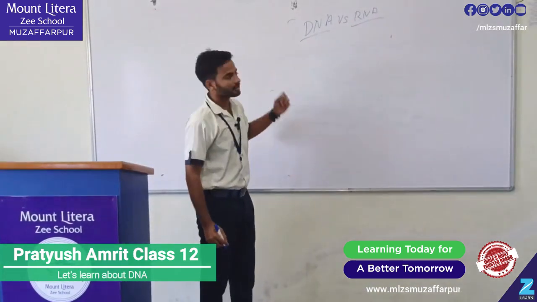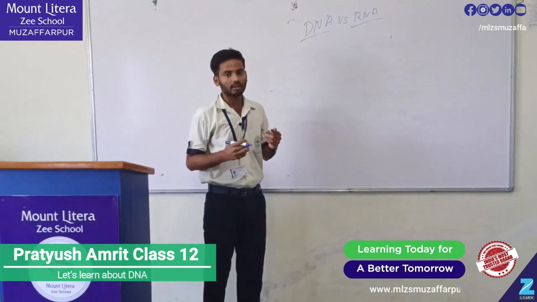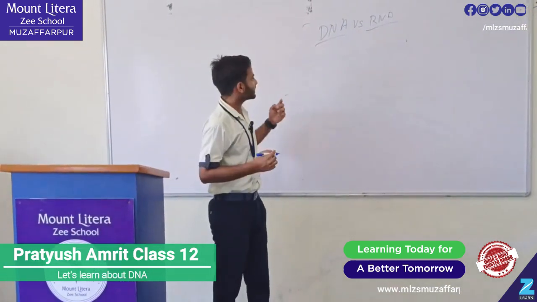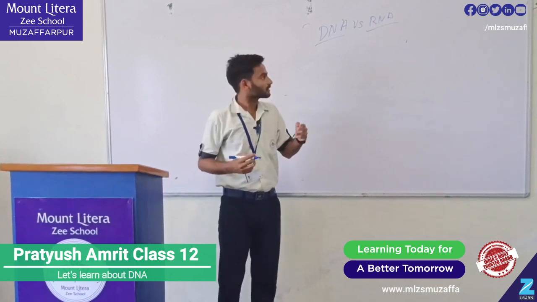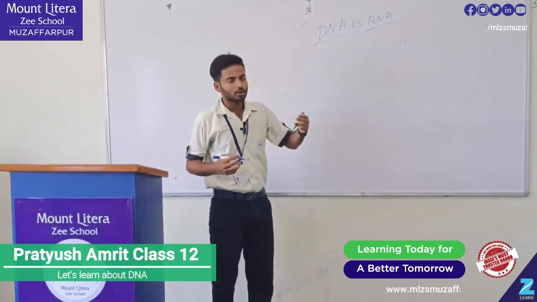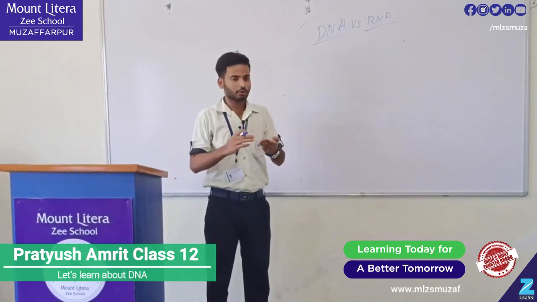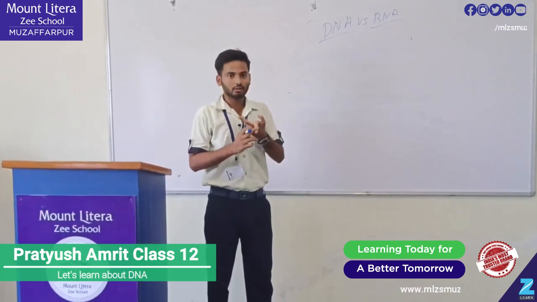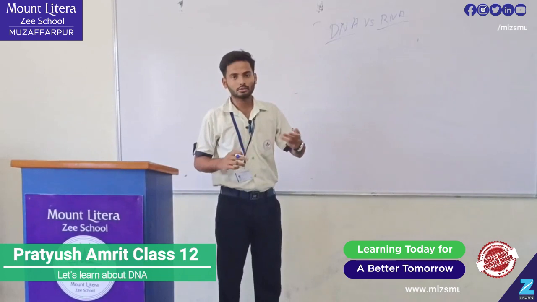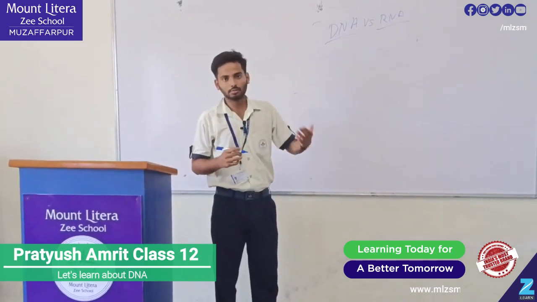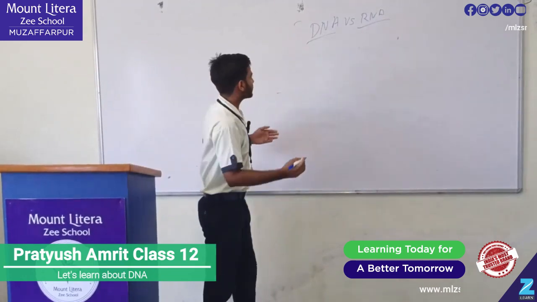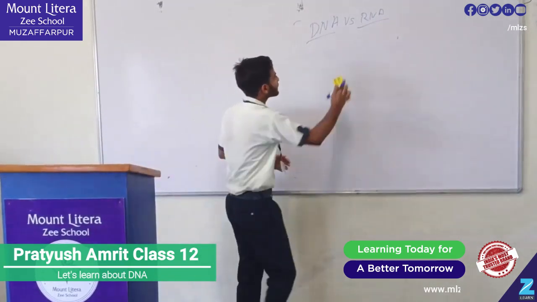First, DNA is chemically more stable as compared to RNA. Second, RNA cannot replicate itself. Third, RNA is found in the nucleus and cytoplasm. It is not found in the mitochondria, so it cannot be replicated, so it cannot be termed as the genetic material.